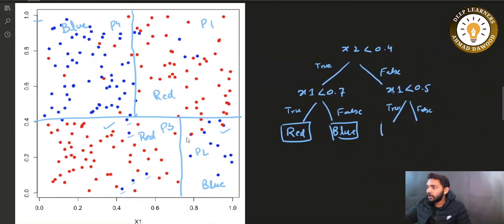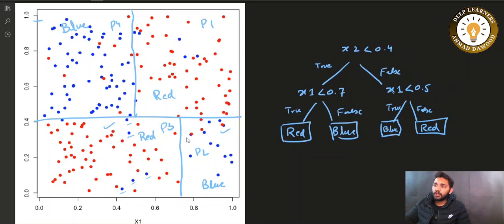So here you will say that those with x1 values less than 0.5 are the blue points, and these are the red points. Now here you can get an idea: I have drawn a decision tree from these data points directly.